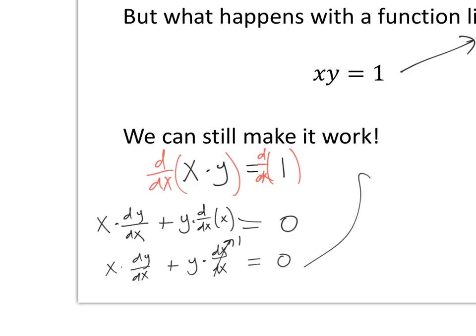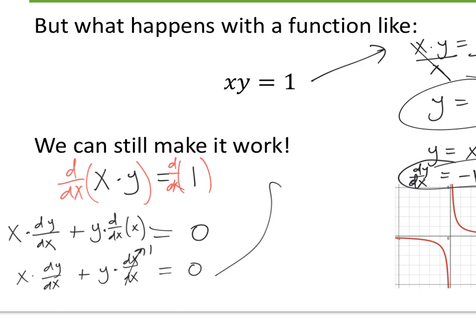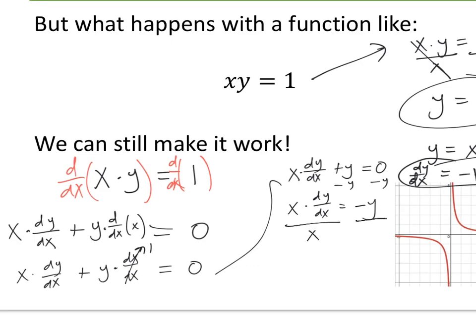So we're left with this kind of funky solution of x dy dx plus y equals 0. And if I solve this for dy dx, x dy dx, I subtract y and get negative y, and then divide both sides by x to get this.